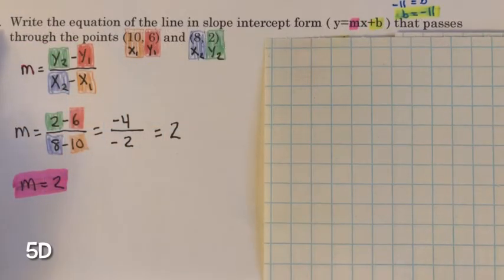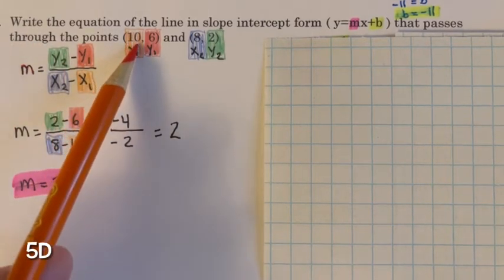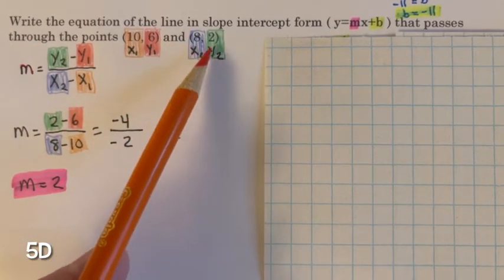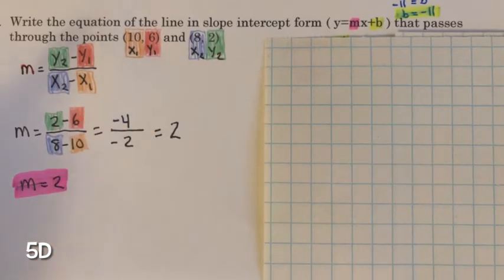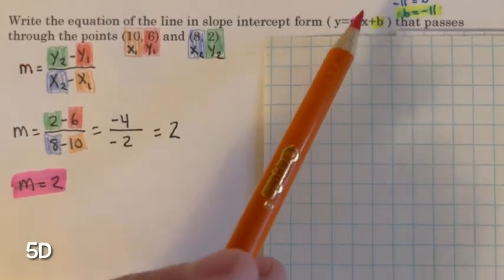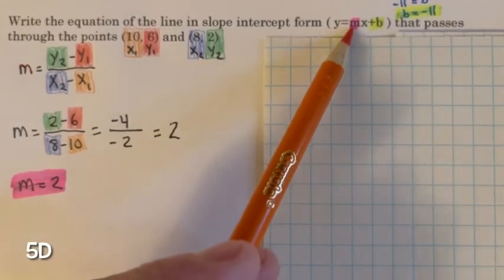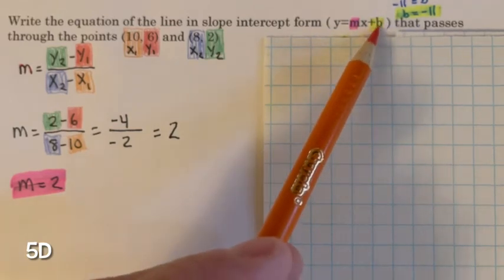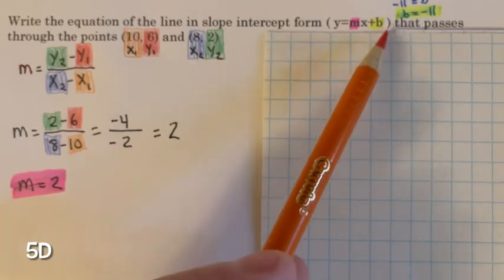Problem 5D, write the equation of the line in slope-intercept form, y equals mx plus b, that passes through the points 10, 6 and 8, 2. So we need to be able to find the slope and the b, the y-intercept.